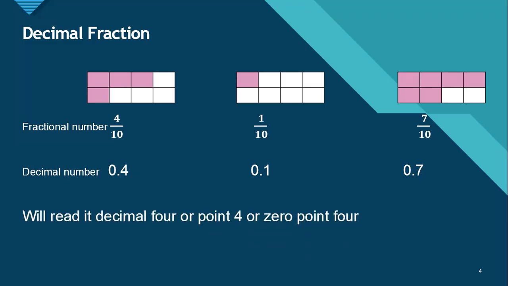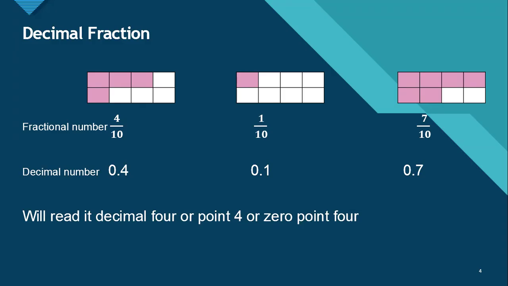We will read the first as decimal four, the second as decimal one, and the third as decimal seven. In this way we represent a decimal fraction with a denominator of 10.